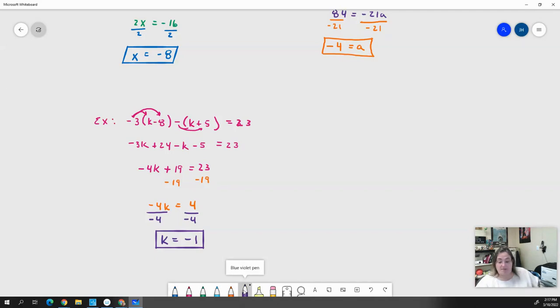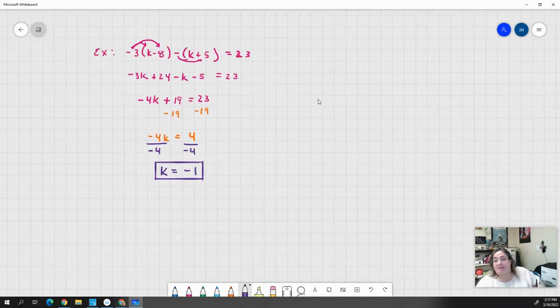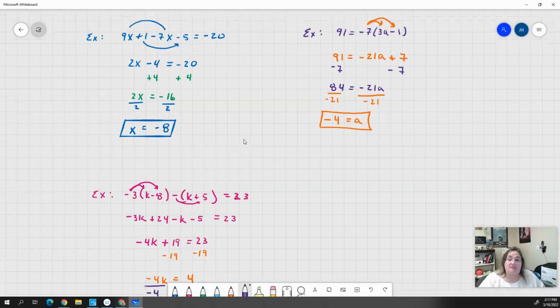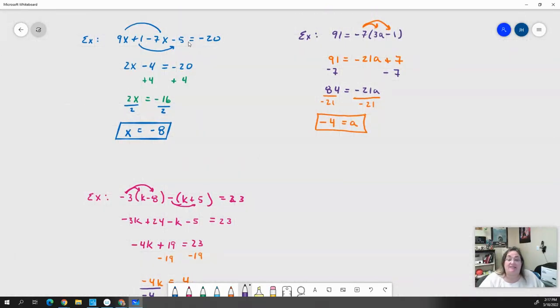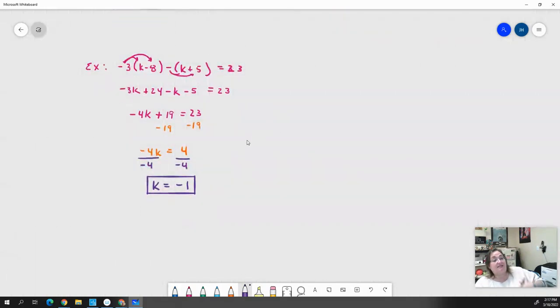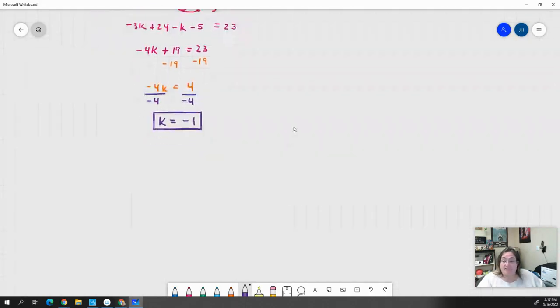In all of these circumstances, we only had variables on one side of the equal sign, right? There's no x's on this side. There's no a's on this side. There's no k's on this side. That's not always going to be the case. Sometimes we're going to have those variables on both sides, right?